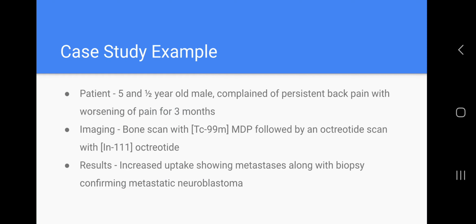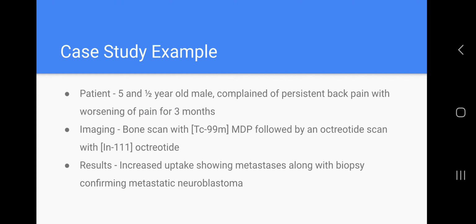So an example of a case where a patient did have a neuroblastoma, you have a 5.5-year-old male patient who complained of persistent back pain with worsening pain for the previous 3 months. The imaging that they did, you had a bone scan with Tc-99m MDP, followed by an octreotide scan with indium-111 octreotide.